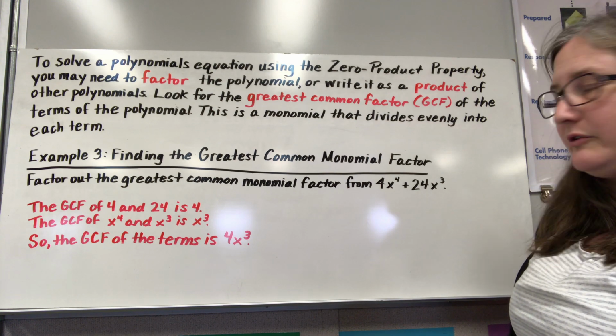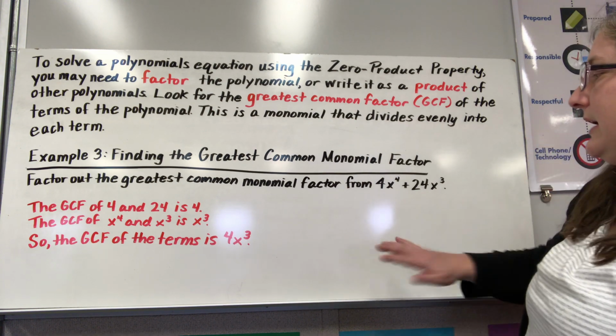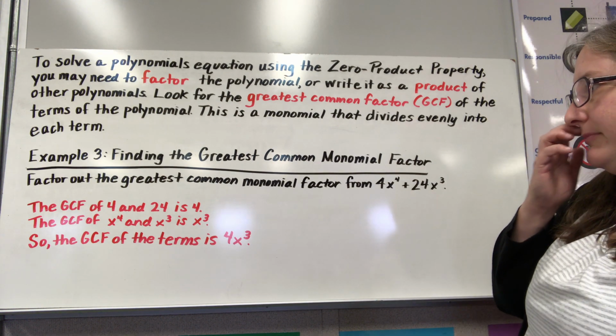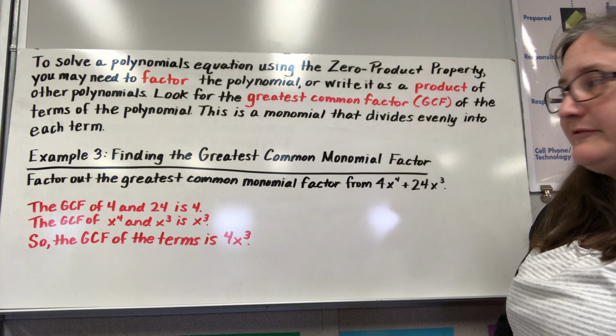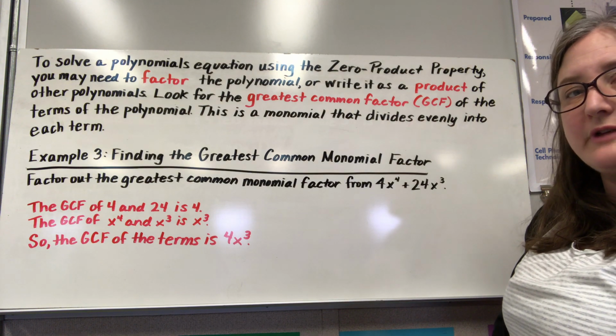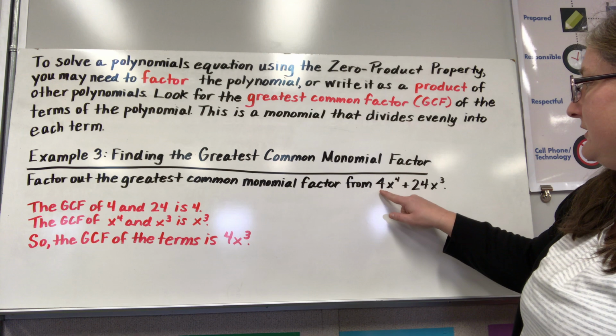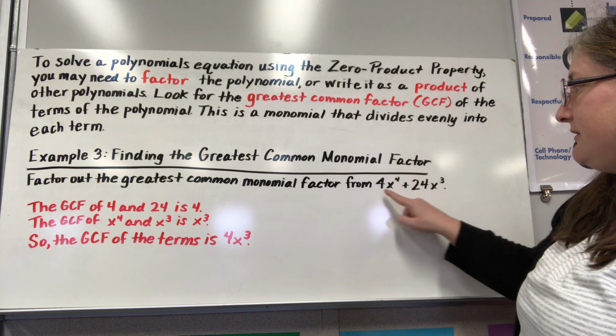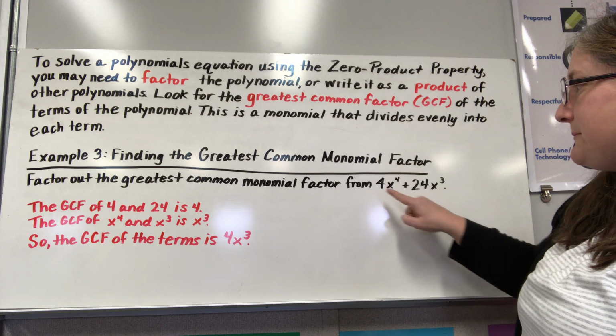So we want to do the reverse. We want to get it back to two polynomials that we're going to multiply to get this answer. One way to do that is to find the greatest common monomial factor. You have done greatest common factor before, so if I look at the numbers 4 and 24, their greatest common factor, the biggest number that goes into both, is 4.